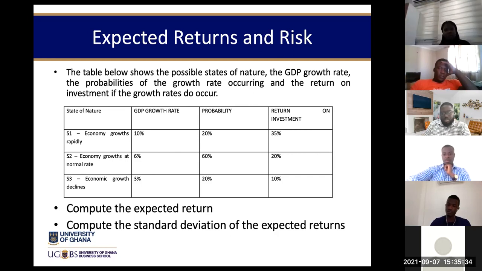Heterogeneous expectations. Somebody buying a call option thinks the stock price will go up, or buys the shares because they think the price will go up. But the person writing the call option thinks the price will go down. We don't all see things the same way.